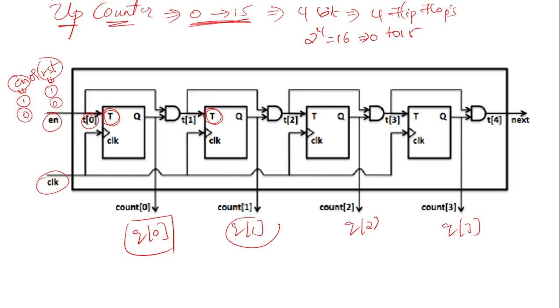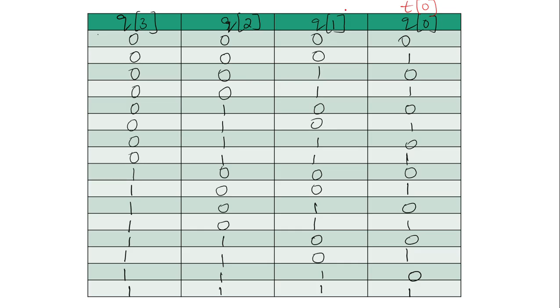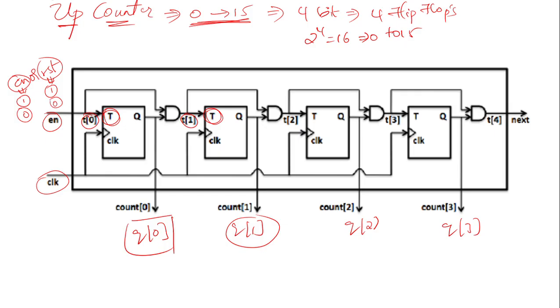For getting Q of 1 you give T of 1, then you get this output. Similarly for T of 2 and T of 3 you get these outputs. Whenever T of 0 is equal to 1, your Q value is going to toggle for every clock pulse. That's why you make T of 0 equal to 1 every time.